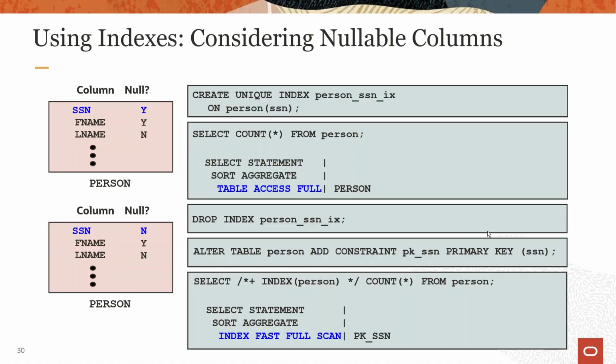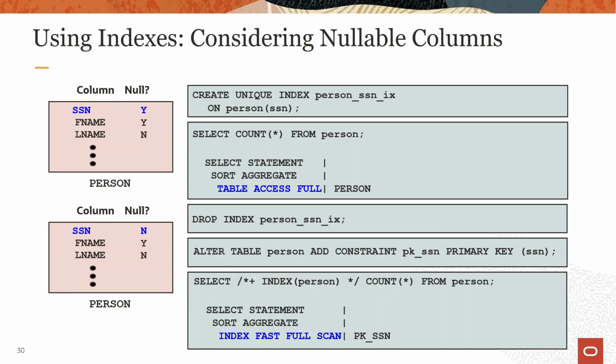However, you can say upon my column SSN, I'm going to create a primary key. This means that every record must have for its SSN column a value which is unique, but most important is that it must have a value, so it cannot be null. Well, at that moment in time, if you would say, I would like to find out how many records are in table person, I can simply do this by counting the number of index entries upon column SSN that was created due to the primary key definition, in fact.